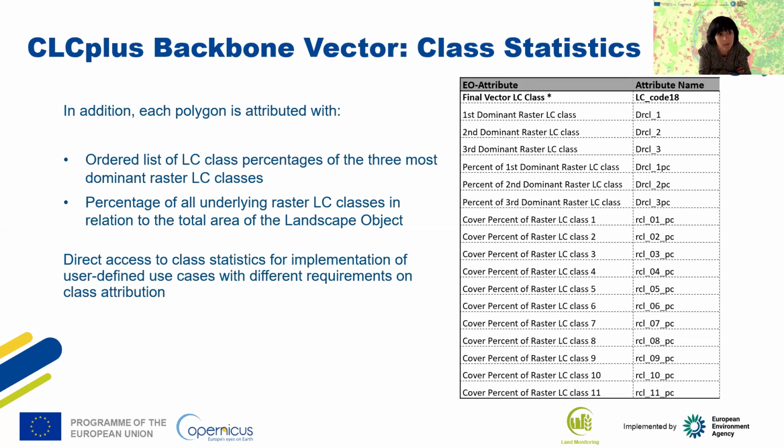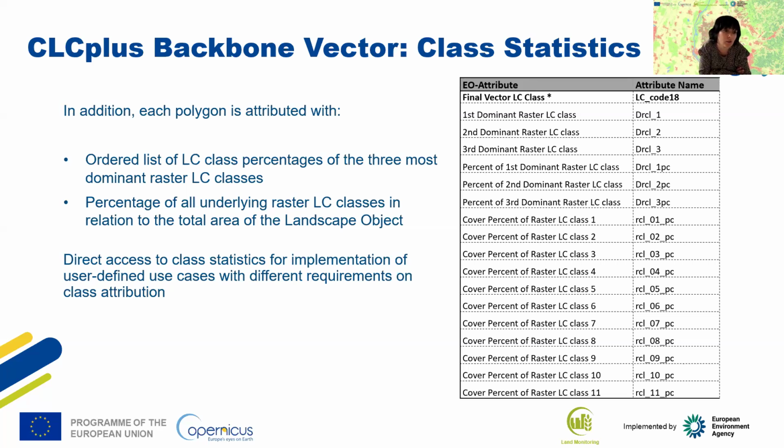You can see, for example, at class level, the first three dominant raster classes. So not only the code of the final vector class, but also which raster class is dominant on each one and the percentage of each covering the area of the polygon. So this can be used for drafting some statistics.